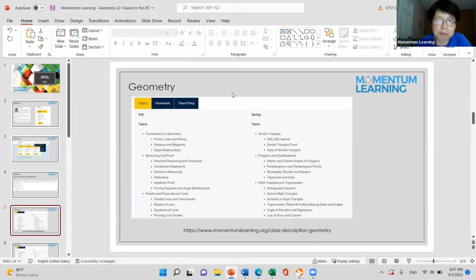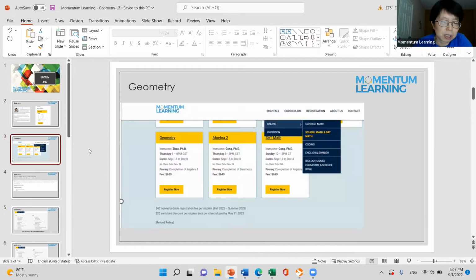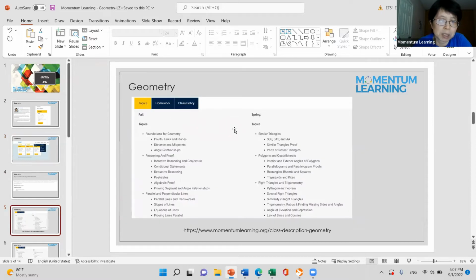This information can be found on the Momentum Learning website. If you click the course name, it will direct you to the detailed information: the topics, homework, and class policies.